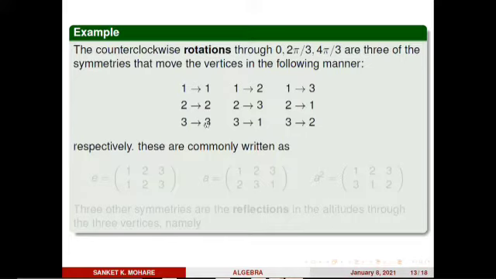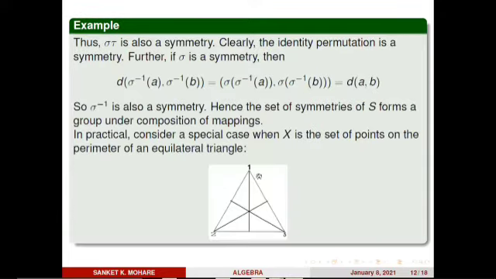Now at the rotation of 2 pi by 3, which means how much? 120 degrees. If I rotate this triangle by 120 degrees, look at here. First, when I rotate the first time, 1 goes to here. So how much angle does it cover? If 1 comes up till it reaches 3, it covers 60 degrees, but we have to rotate 2 pi by 3, which means 120 degrees.